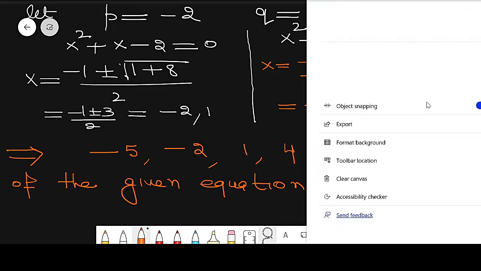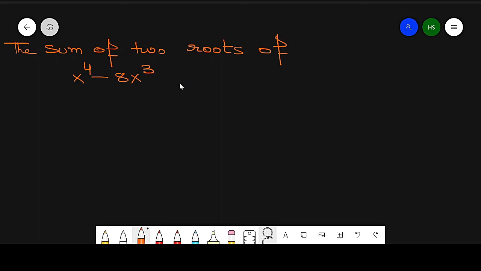Now going to the next question: the sum of two roots of the equation x raised to power 4 minus 8x cube plus 19x square plus 4 lambda x plus 2 equal to 0.